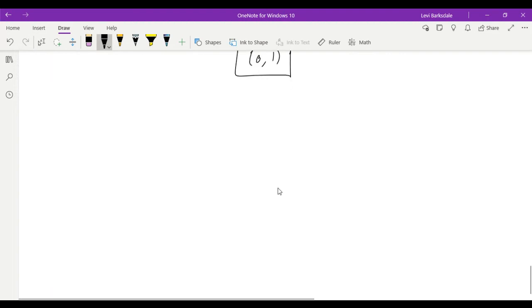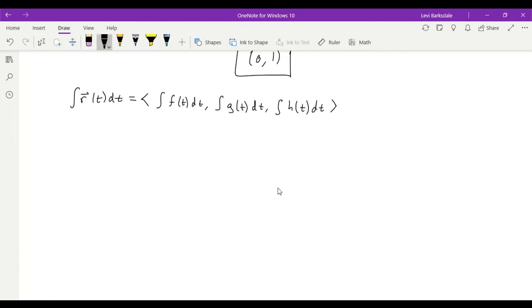All right. As far as integrating vector valued functions goes, well, you basically integrate component-wise. So if we wanted to take the integral of r of t, that would be the integral of f of t dt, integral of g of t dt, integral of h of t dt, and so on.